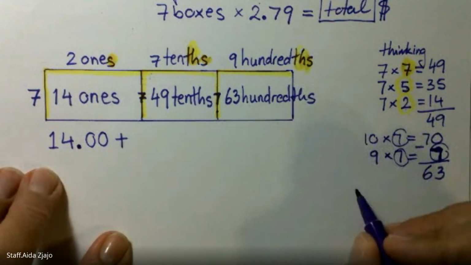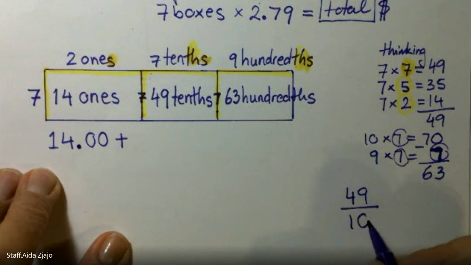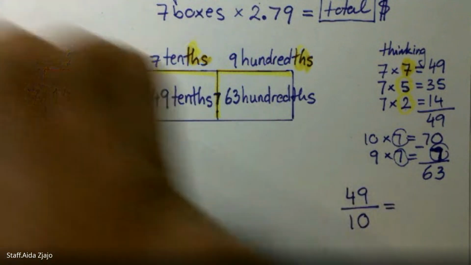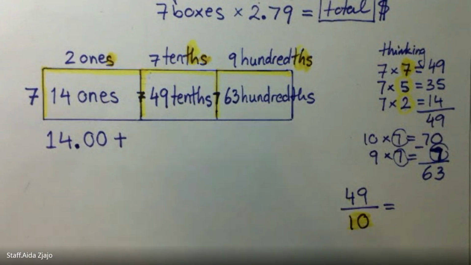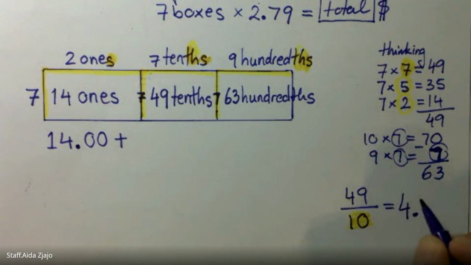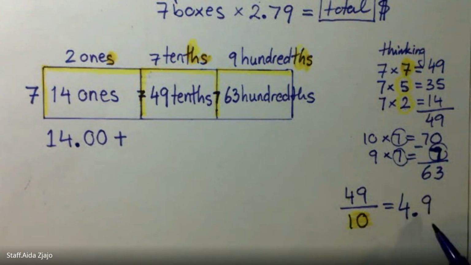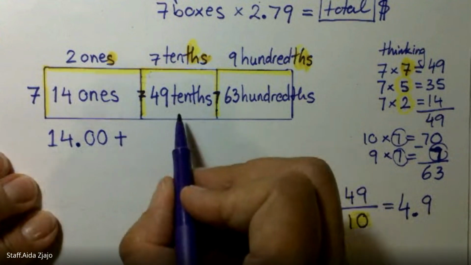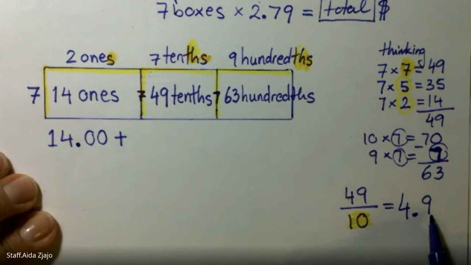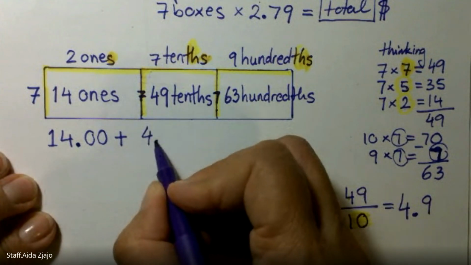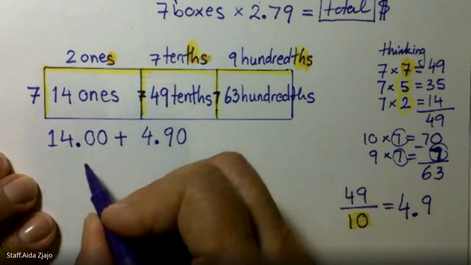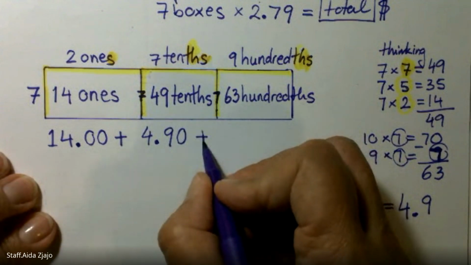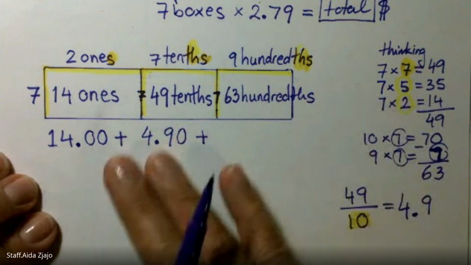If I show you how it looks, look, you can see that 10 pieces make a whole, and you have 4 tenths. That's why this is 4 wholes, and then 9 tenths is left. So this 49 tenths is 4 wholes and 9 tenths. Again, I'm going to add a 0 just to make hundredths, so it will help me add them together.